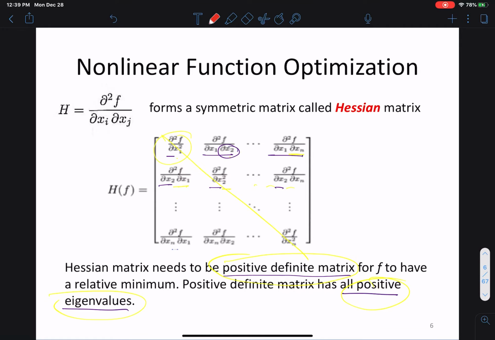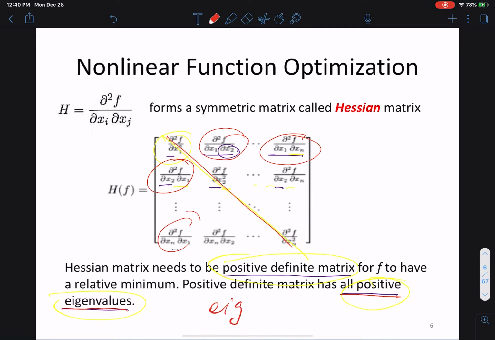That means if you go along the diagonal, this would be a mirror image. That means this would be the same value, all right? A positive definite matrix means it has all positive eigenvalues. You know what the eigenvalue is. You can simply use eig on a symmetric matrix like H over here to find the eigenvalues in MATLAB.